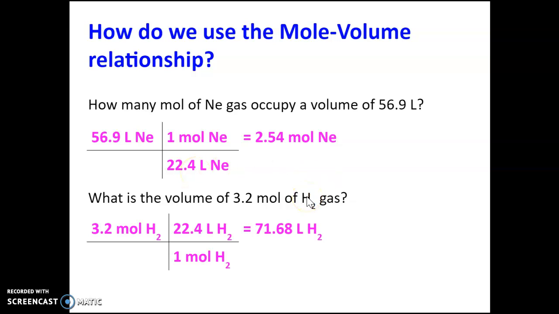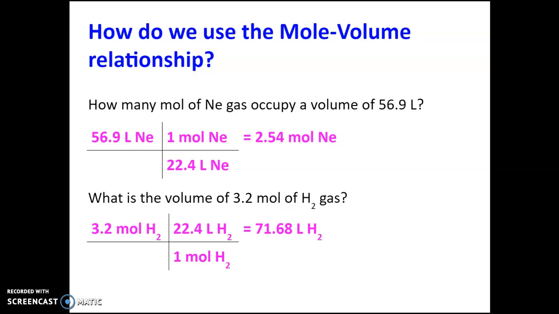Hydrogen is H2, and that's still 22.4 liters to 1 mole. Carbon dioxide, CO2, that is 3 atoms involved and 2 elements, and it still has the molar volume of 22.4. So I just wanted to point that out, that the type of gas does not matter when you are just considering the volume that the gas is occupying.